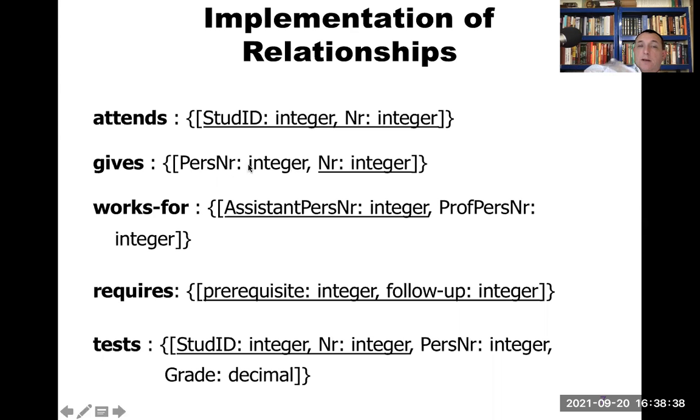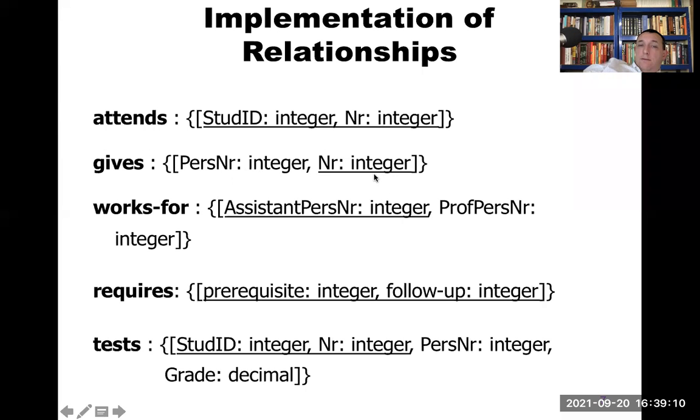So what does it mean? If a professor gives a lecture, and the same professor gives another lecture, and the same professor gives a third lecture, that's completely okay. So three records in a table with the same professor, it's completely okay. We don't constrain professors to give just a single lecture. So professor is not in the key, but lecture is.